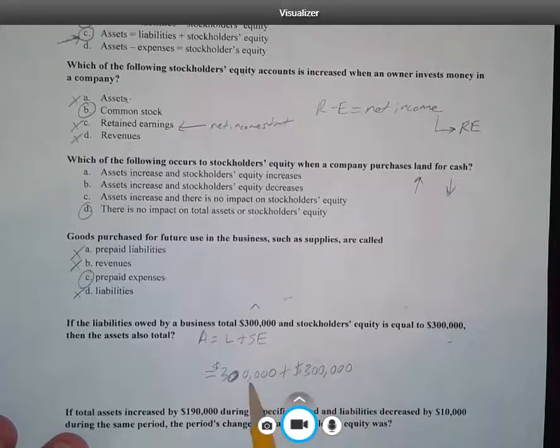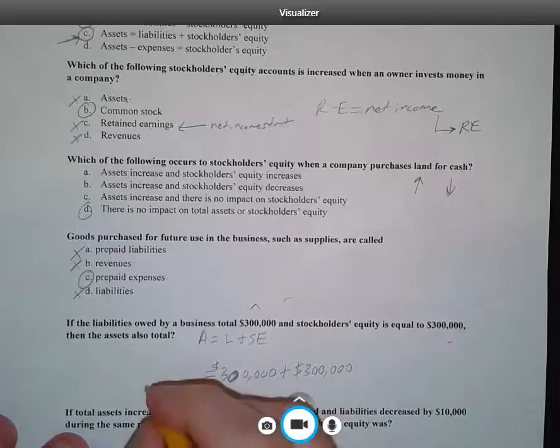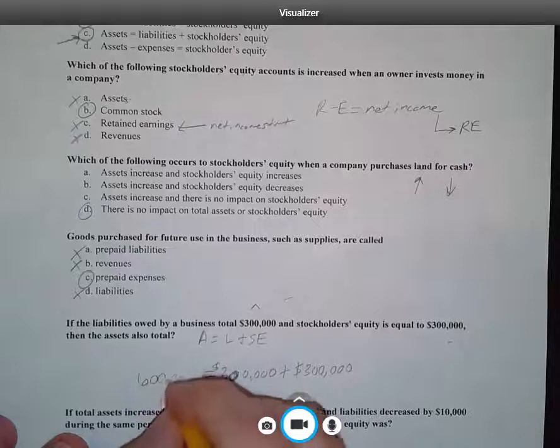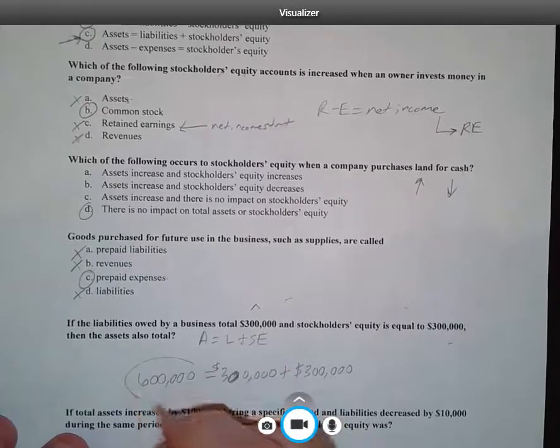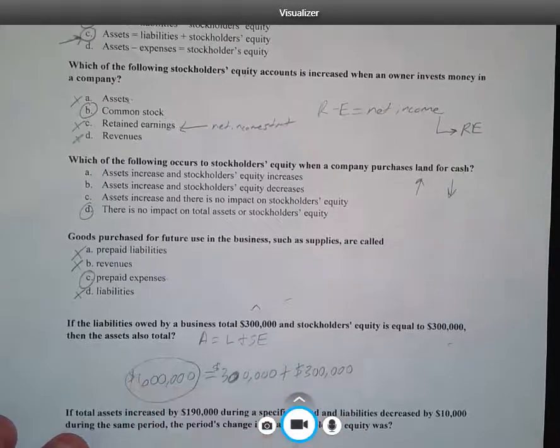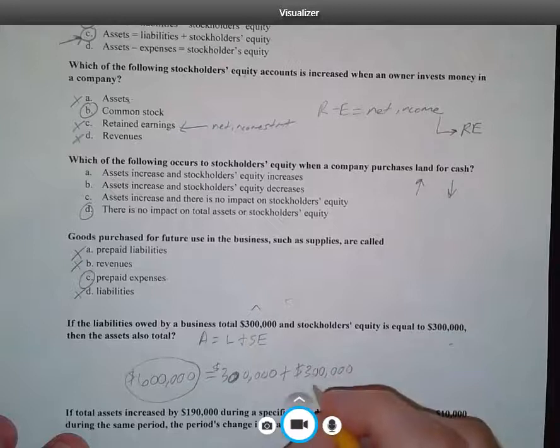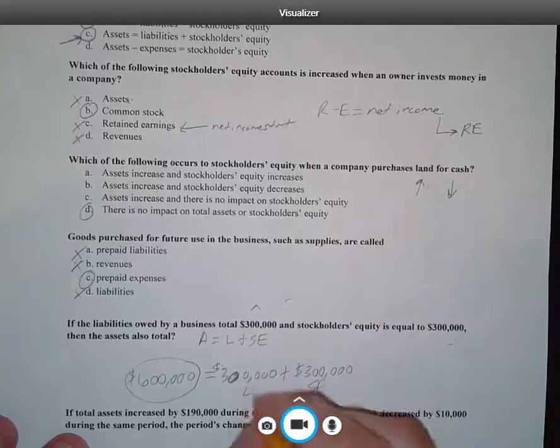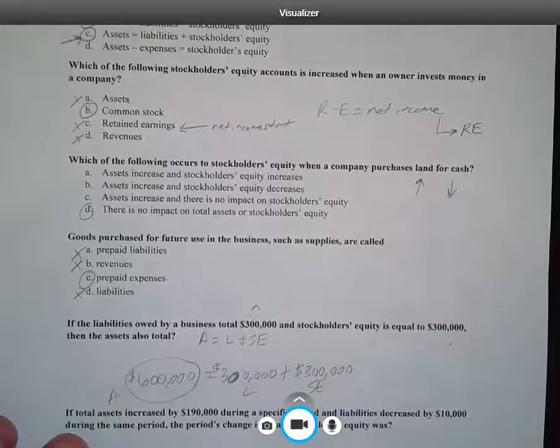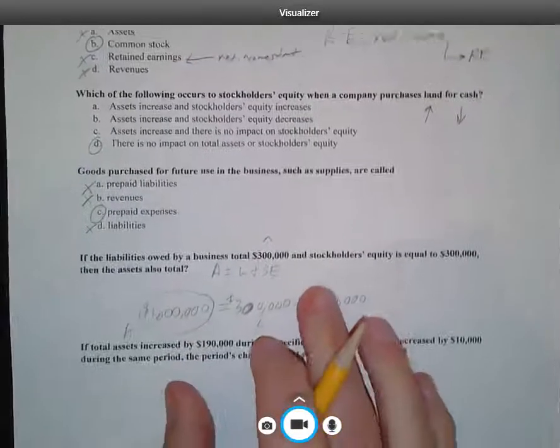So if this is true, 300,000 plus 300,000 is 600,000. And this is, in fact, our answer. So if we had assets of 600,000, but we had liabilities of 300,000, we would have net assets of 300,000. Stockholders' equity, liabilities, and then this 600,000 over here, these are our assets, total assets for this company.